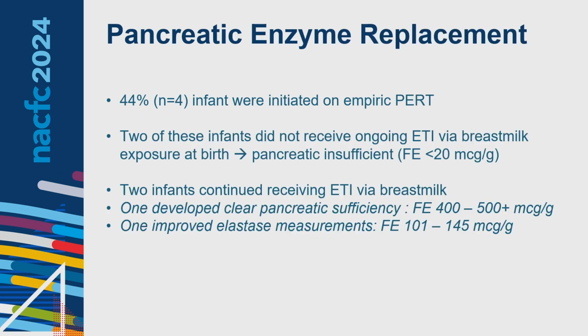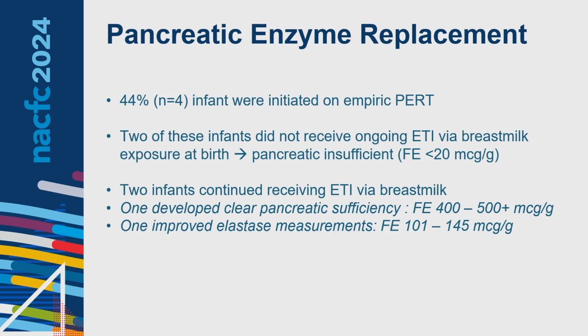4 of the infants were initiated on empiric pancreatic enzyme replacement therapy, which is a practice that many clinicians start from birth. 2 infants did not receive further ETI via breast milk, and so they were found to ultimately develop pancreatic insufficiency or were born with pancreatic insufficiency with fecal elastase of less than 20 micrograms per gram.